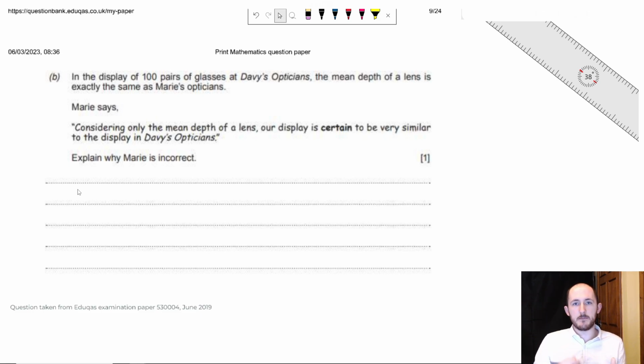Okay. So the mean, median, and mode all measure the same thing, but they're all probably going to be different, which is a bit confusing, I get that. But the reason for that is because they take into account different values. So Marie is incorrect because the mean doesn't tell you about the spread of data.